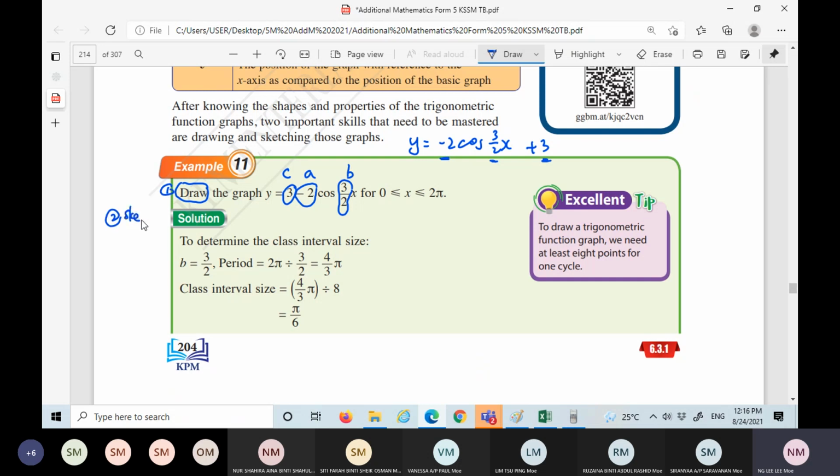This one you can write in your notes. If draw, then you use graph paper. When you sketch, then you use your normal paper, your test pad. Usually during the exam, it's a blank A4 paper.